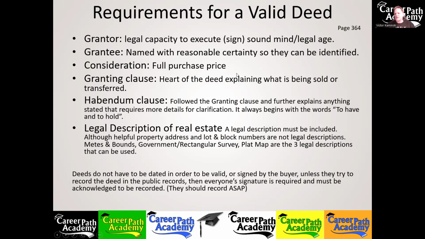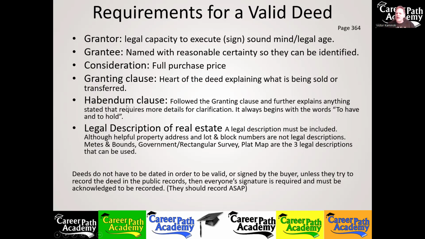The consideration needs to be stated. That's the full purchase price. There has to be a granting clause, which is the heart of any deed. It basically states what exactly is being conveyed. It's the heart of the deed, explaining what is being sold or transferred.